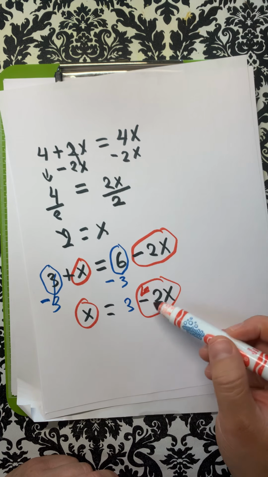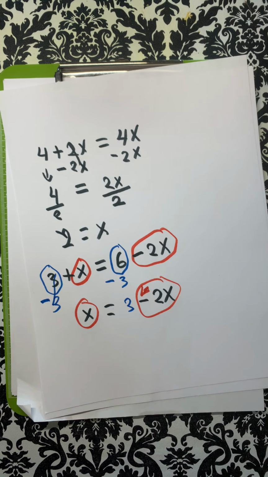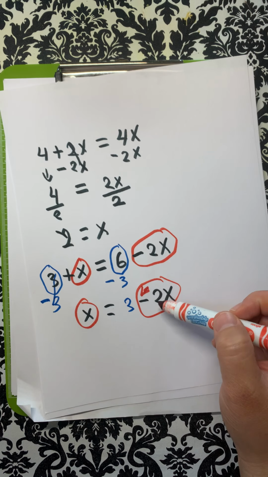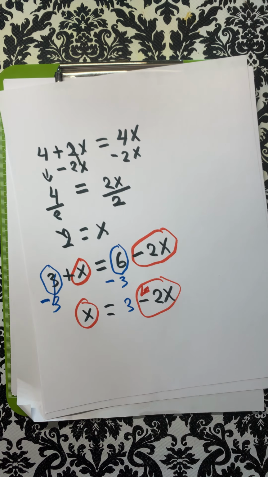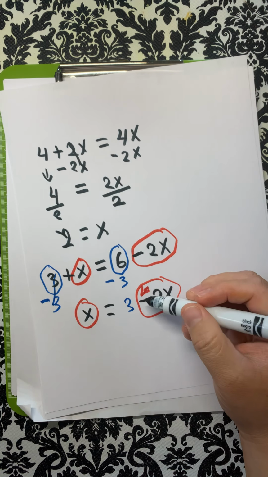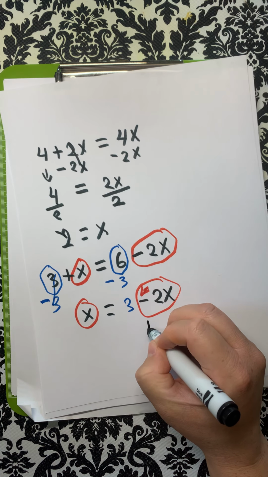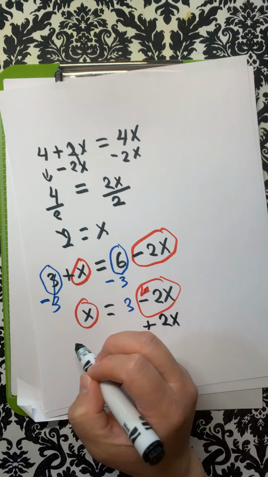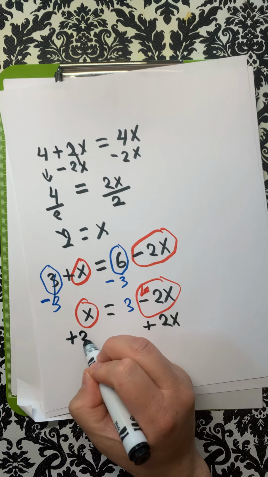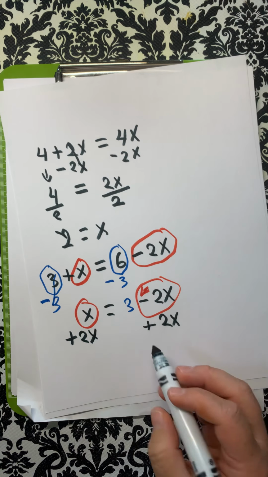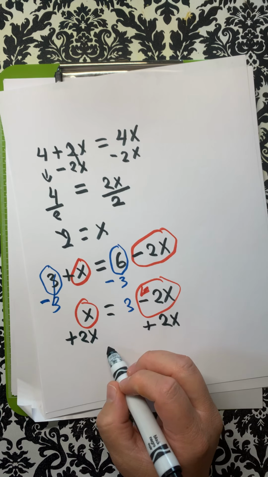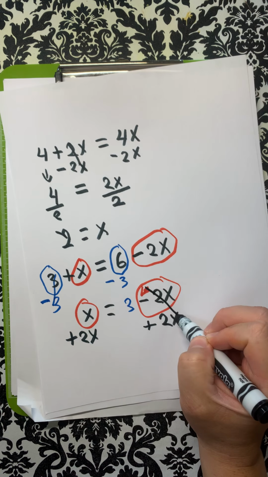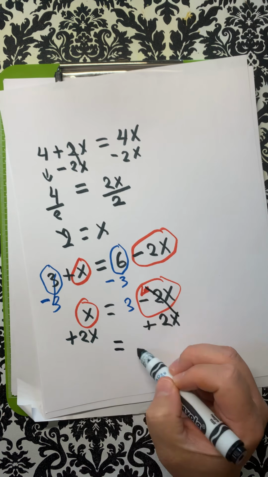I'm going to move the negative because I like to keep everything positive. The opposite of a negative is a positive here. So I'm doing positive 2x and then I add 2x here. These cancel. You're left with 3.